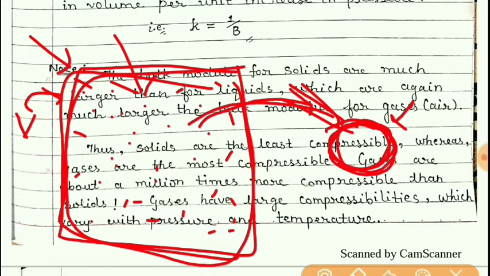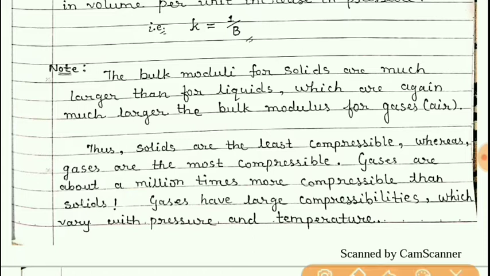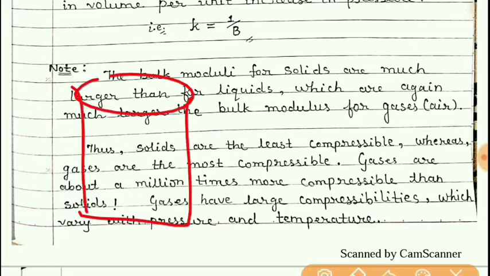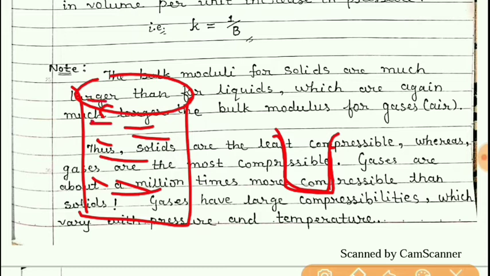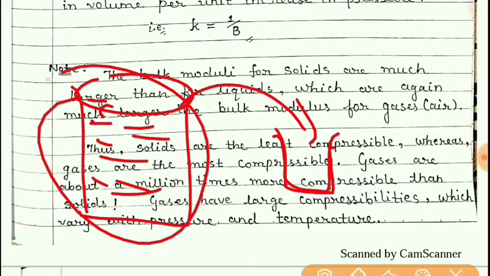But think, if there is a bucket filled with water and a small tub, can I fill all the water of this large bucket into this small tub? It is not possible, because liquids are very less compressible, but gases can be filled into a small container.